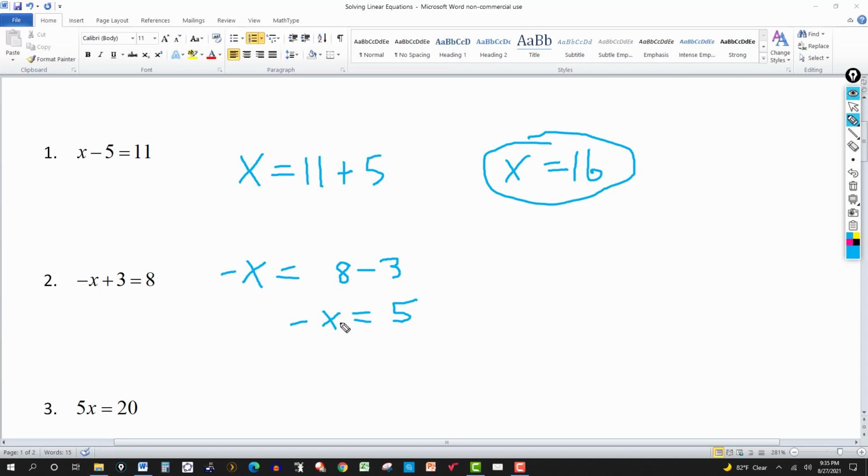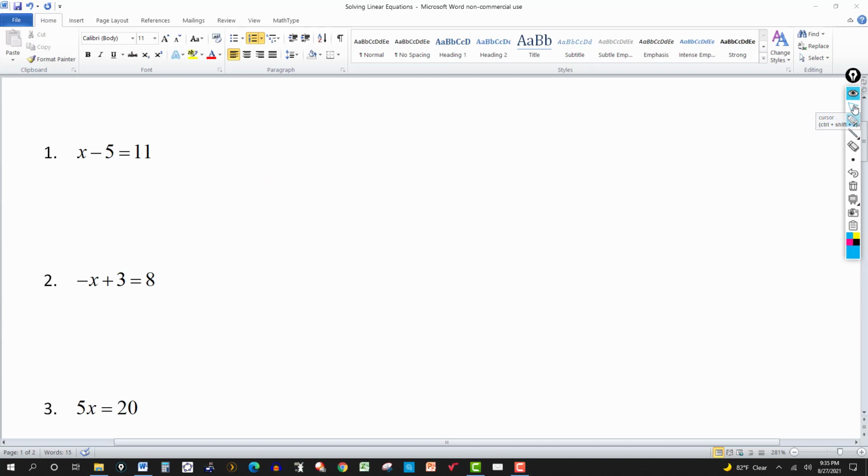I don't want minus x, I want positive x, or just x. So I'll multiply both sides by -1. Then this cancels the negative over here, but when I multiply the 5 by -1, it becomes a -5. That's the answer. Shortcuts here. But work the problems out the way your teacher wants you to do it. If he or she wants you to show the work, then show the work.